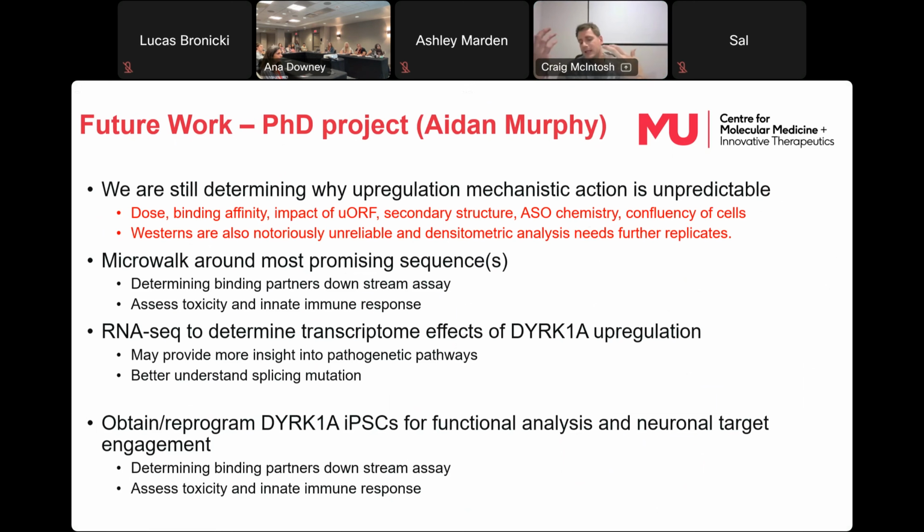And we need to assess toxicity, because with the charged compounds comes the potential for toxicity. But if you design a proper oligo and you do the right experiments, you can negate all of those effects. So you just need to do a bit of toxicity and innate immune response.